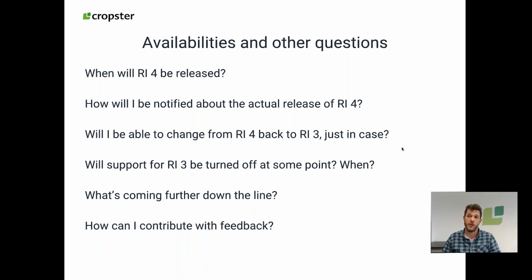It's hard to foresee the time until when this will be accomplished, but we will definitely make sure that every one of you is familiar with RI4. Before turning off RI3, there's a good chance that even if everyone is on RI4, we will maintain RI3 for some time, just in case, to make sure.